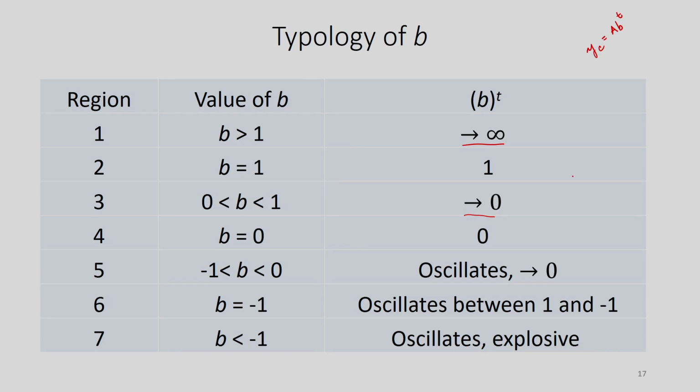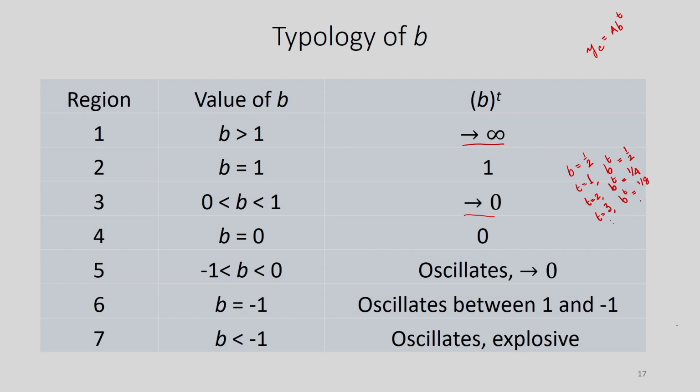I mean, take an example, suppose b is equal to half, right. In this case, as t is equal to 1, b to the power t is equal to half. T is equal to 2, b to the power t is equal to half to the power 2, that is 1/4. T is equal to 3, b to the power 3 is equal to half to the power 3, that is 1 divided by 8.